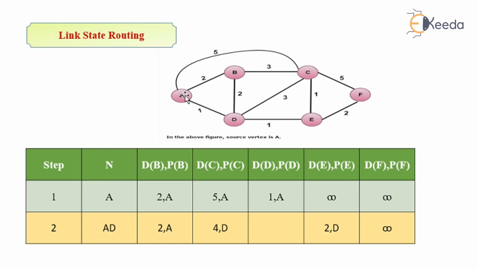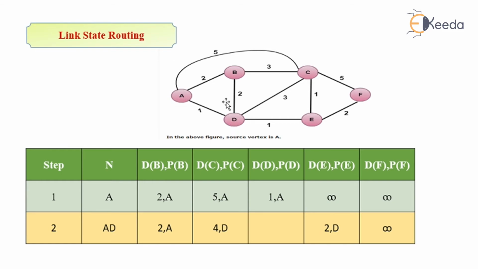If I want to reach C, first I have to check whether there is a direct connection or not. From AD as a segment, there is a direct connection which is 3, but because it is starting from A, I have to consider this also. So from A to D, it is 1 plus 3, which gives me 4, and the immediate previous neighbor in this case is D. I'm just repeating this again.